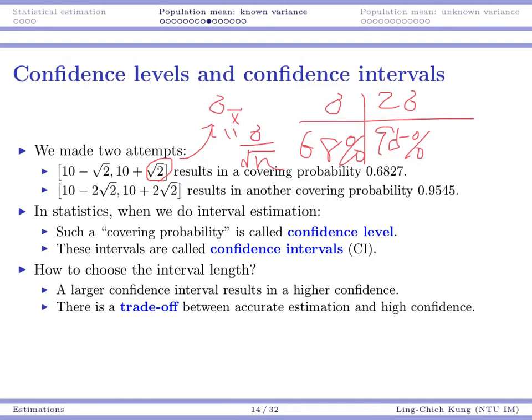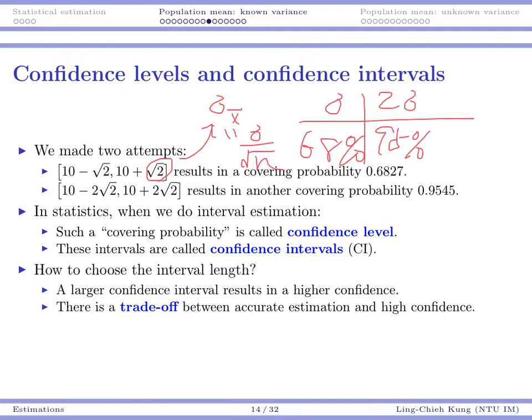No surprise. So in statistics, whenever we want to do interval estimation, we will call this kind of probability our confidence level. That somehow measures how confident we are with respect to our estimation. And then those intervals will be called confidence intervals.